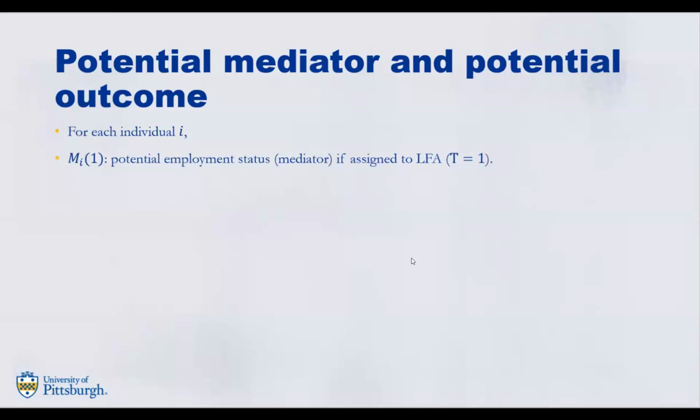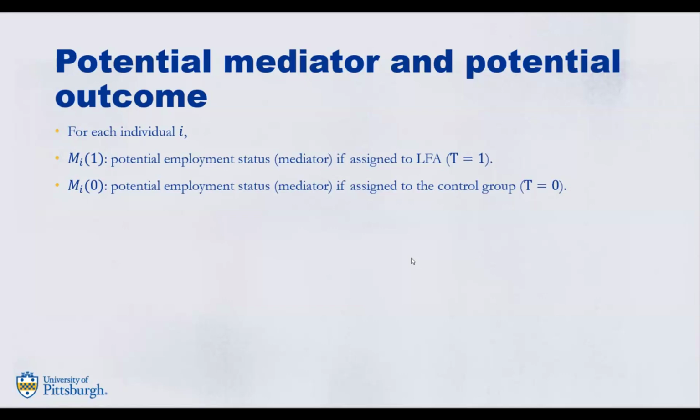And M_i(0) indicates one's potential mediator if assigned to the control group. Here, please note that we define a potential mediator for every individual. So every individual potentially has 2 potential mediators, one under the LFA condition and the other under the control condition.